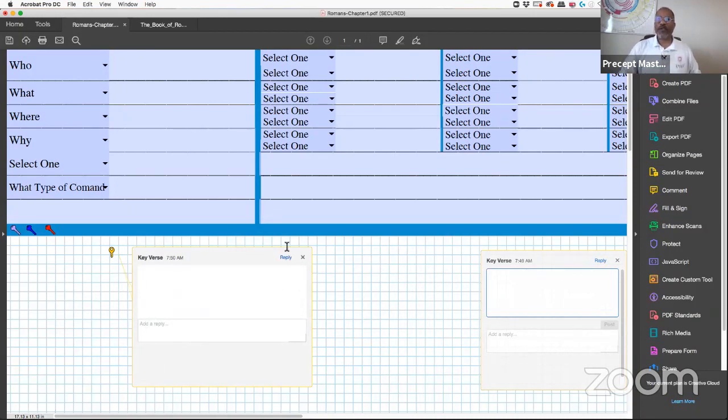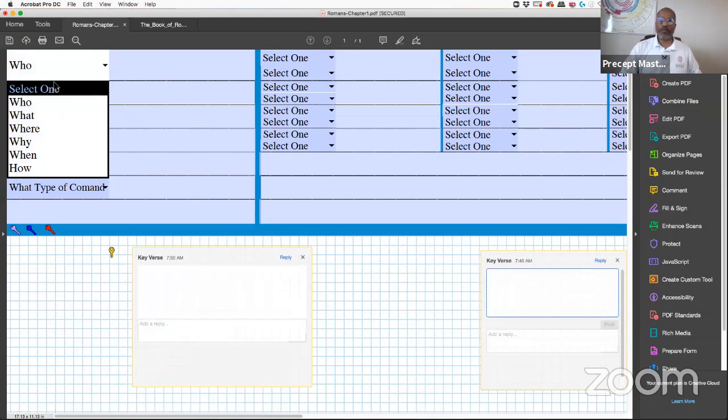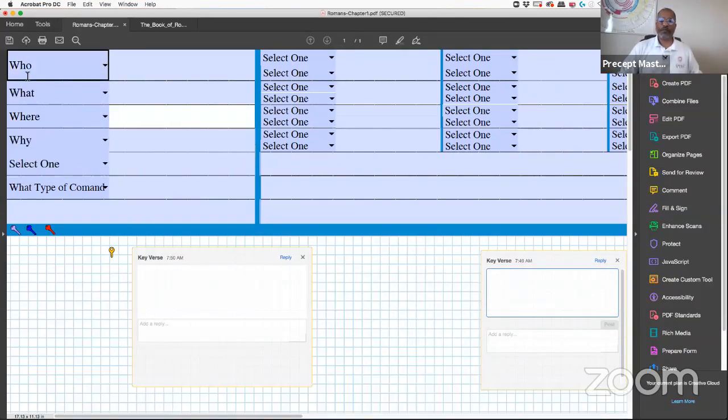But the first thing we have up here, in your digital preceptors, you have who, what, where, why, when, and how. We have those there. So what we want to do is understand what was the first thing in the overview on chapter 1.